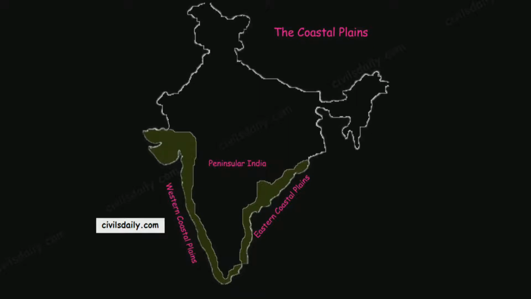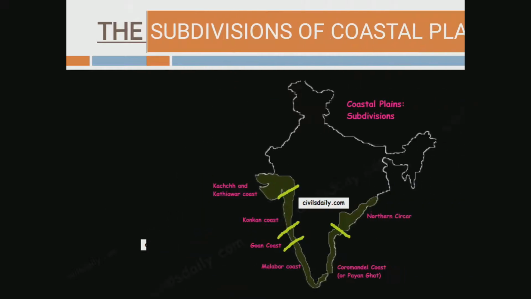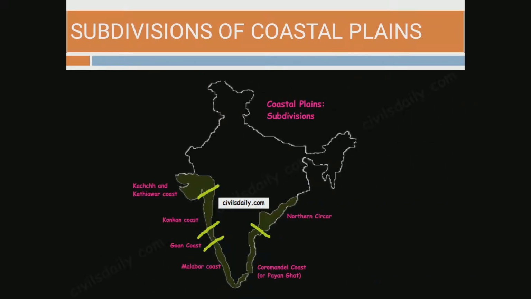Now I repeat once again, a coastal plain is a flat, low-lying piece of land next to the ocean, to the east and west of the peninsular plateau. Two narrow strips of plain lands are found, which are respectively called eastern coastal plain and western coastal plain. Here, dear student, the subdivision of the coastal plain.